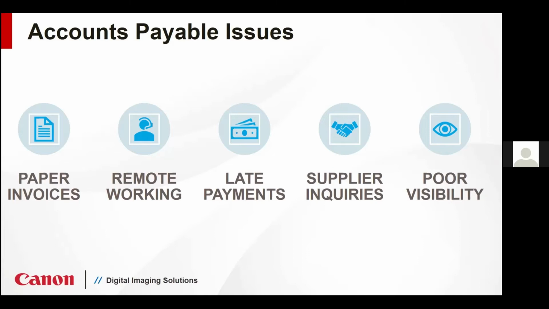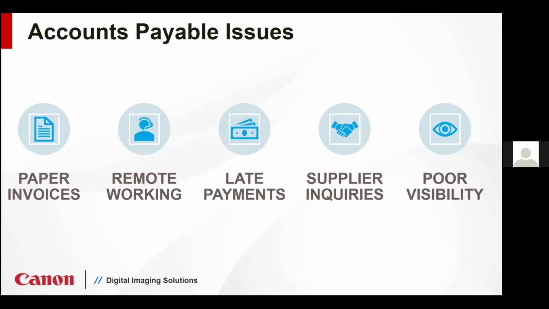Late payments. If you can't obtain your invoices in a timely manner and then process them quickly, then another headache exhibits itself in the form of late payments and the ensuing strain of relationships with valued suppliers. Supplier inquiries come as a result of that.